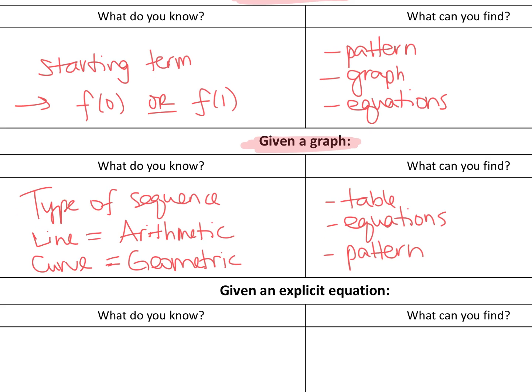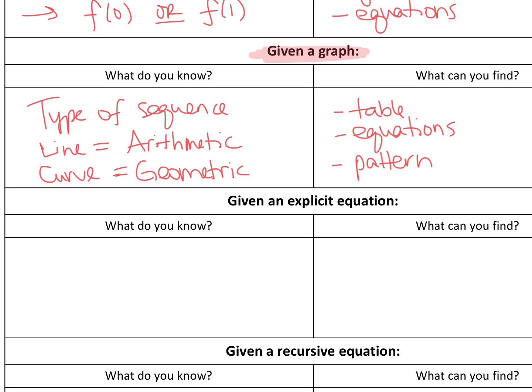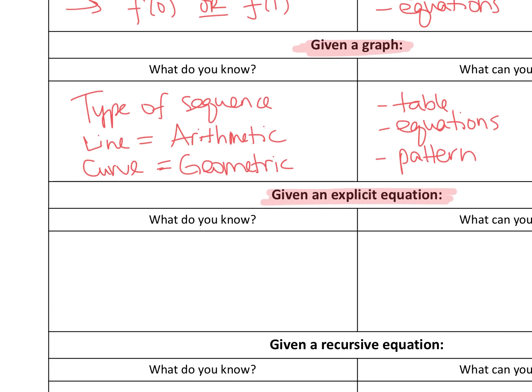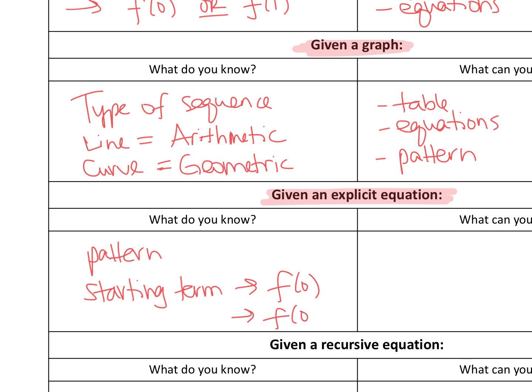Okay. All right. What if they give you an explicit equation? From the explicit equation, it's very easy to see the pattern. That's given right away, and it's also easy to see the starting term, which could either be f of 0 or f of 1, depending on what variable you see, right?